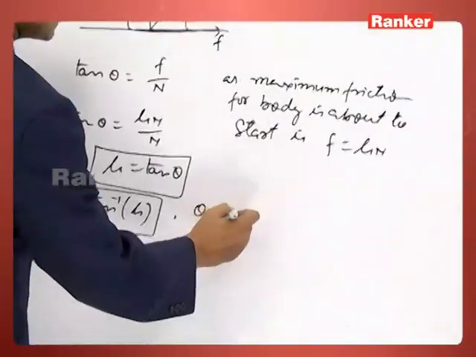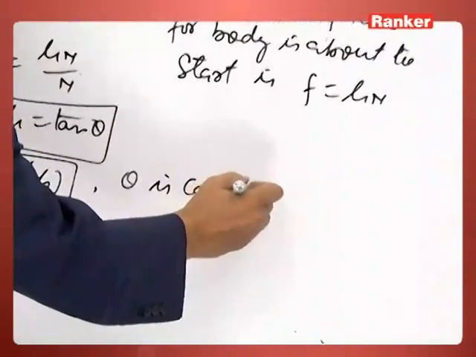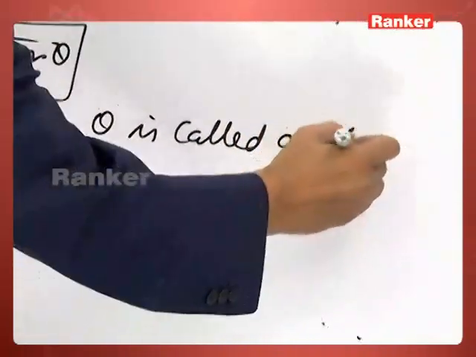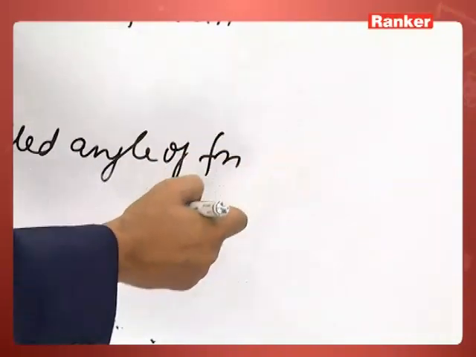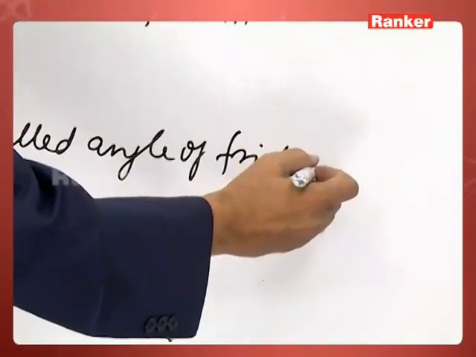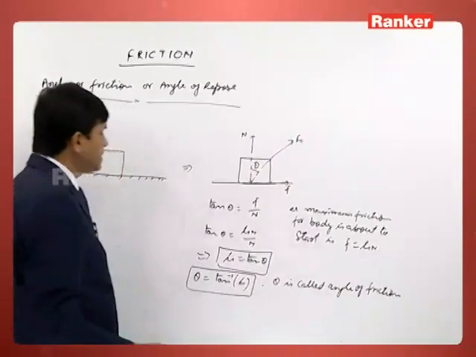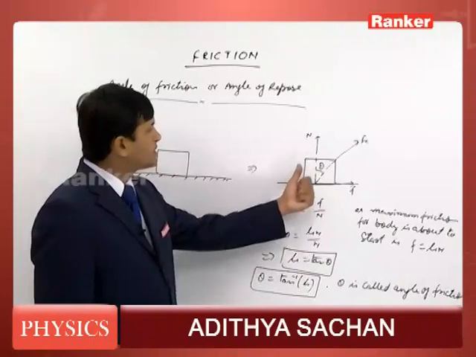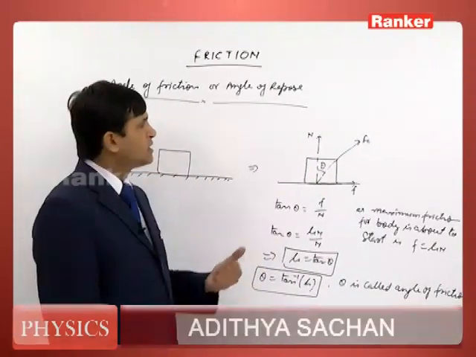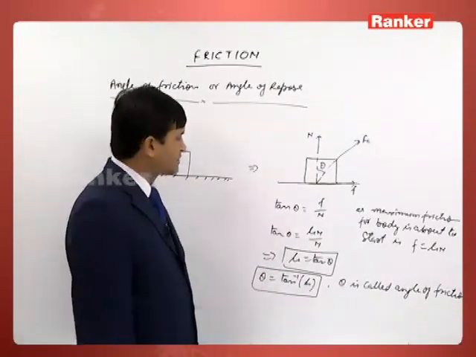Where theta is called the angle of friction, and that theta is the angle made by the normal force with the contact force direction.